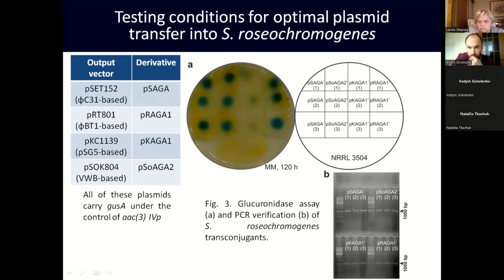So because of that, we were able to verify the successful integration of plasmids into our transconjugates' genome via performing a glucuronidase assay. Because the transconjugates were able to transform X-gluc when applied to the surface to 5,5-dibromo-4,4-dichloroindigo. And we also verified them via PCR.